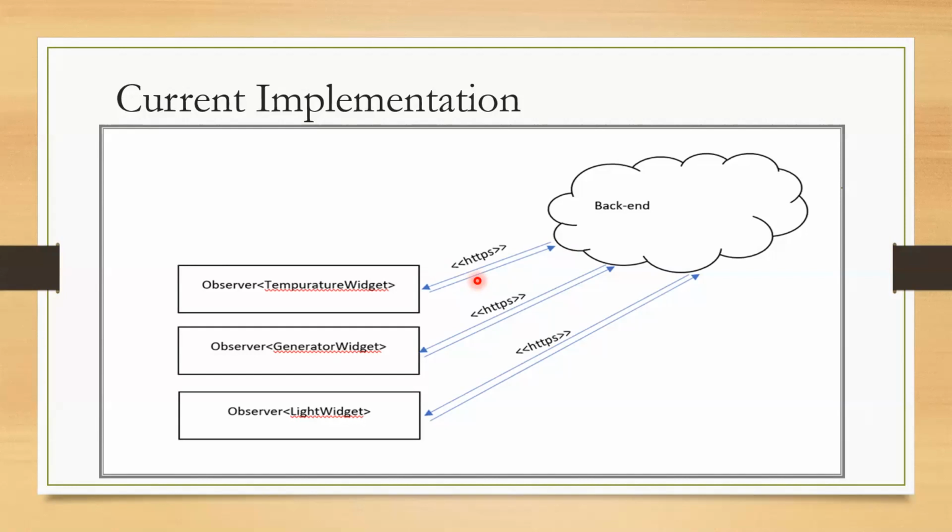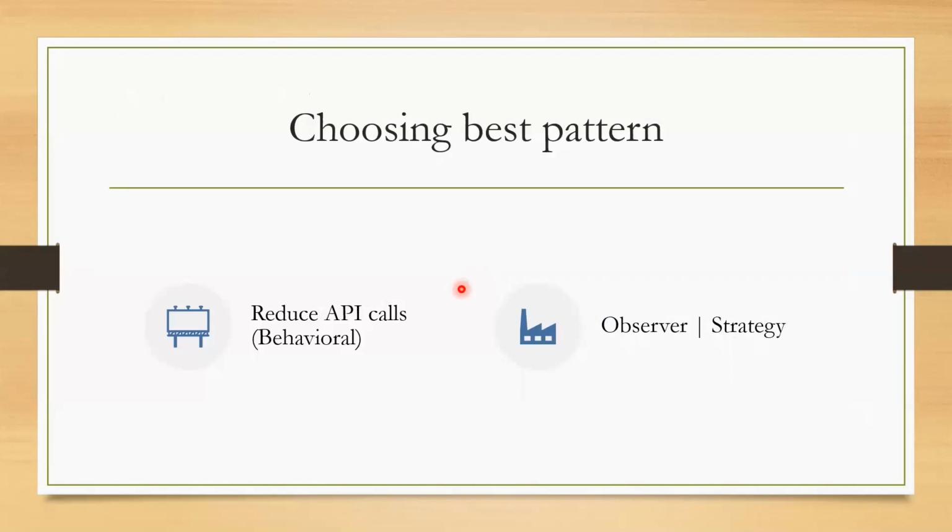So in which design category will we find the solution? What do you think? Behavioral one, yeah. So it is the behavioral one. To reduce the API calls, we are changing the behavior of the widget. There are several behavioral design patterns like observer, strategy, and many others.